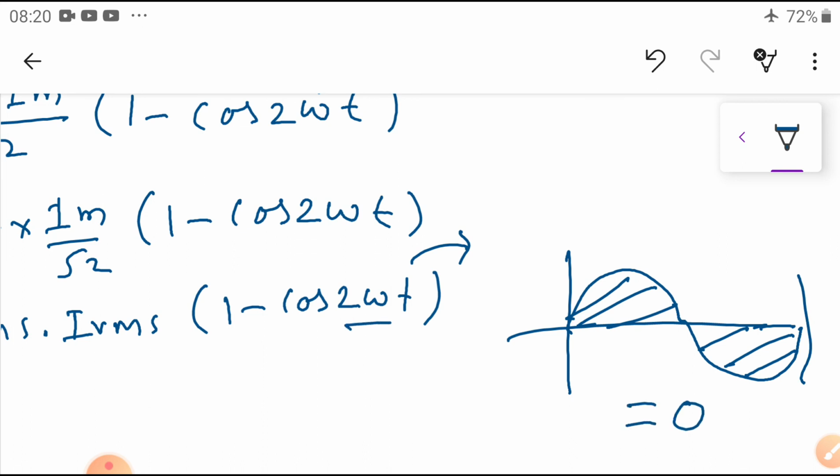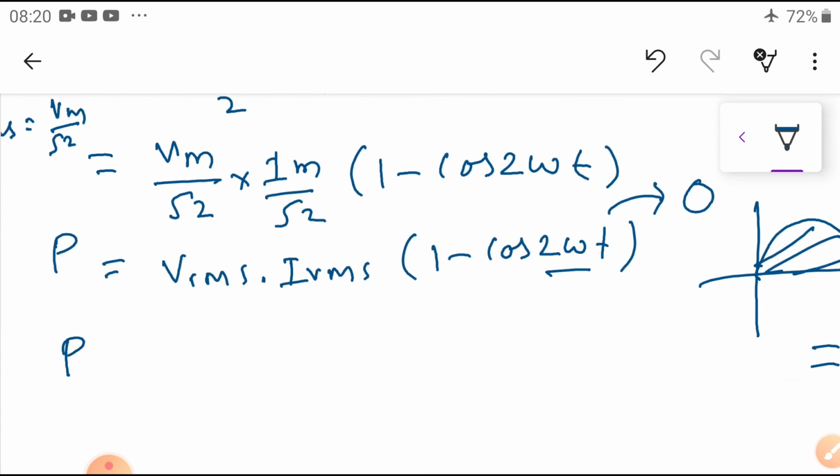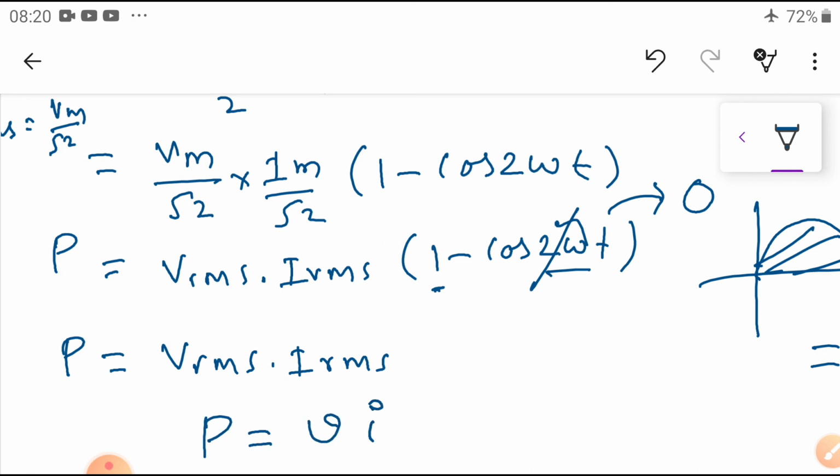So the double frequency term becomes 0 on average over the full cycle. Then P is equal to simply Vrms into Irms only. Power is equal to simply V into I, a simple equation we got.